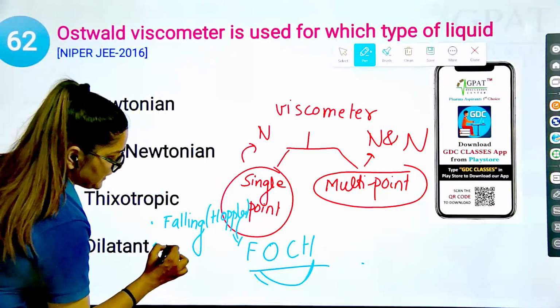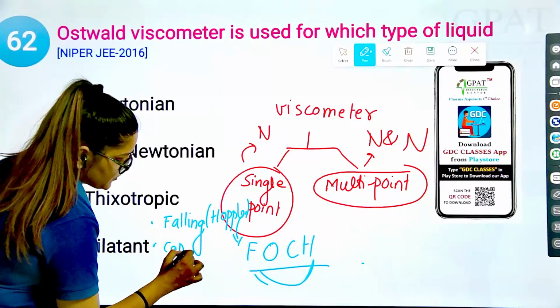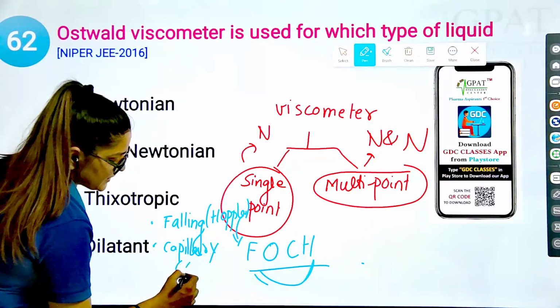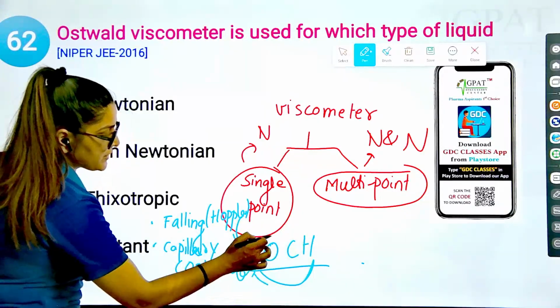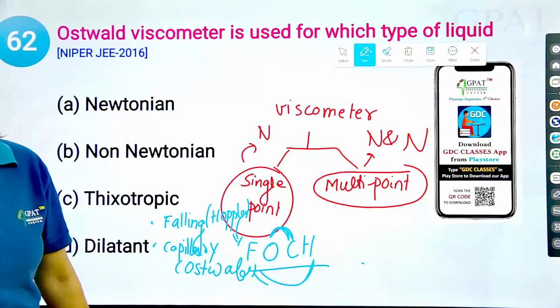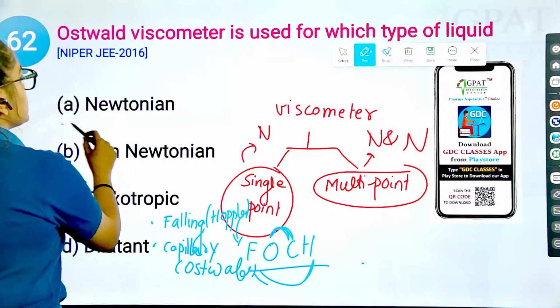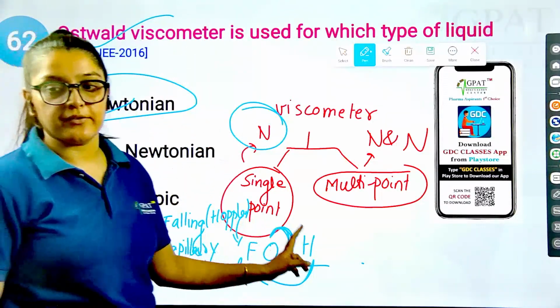Then we have the capillary rise viscometer, capillary, in which the example is the Oswald viscometer. So you can spot this O and C are relevant, F and H are relevant, right? In this case, this is for the Newtonian because this is a single point viscometer.